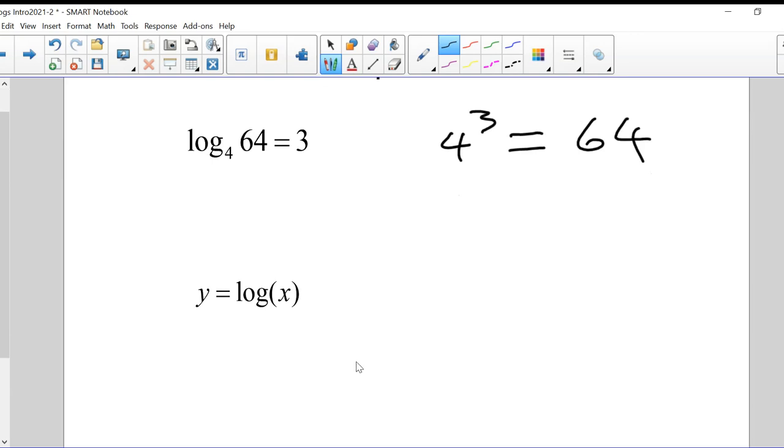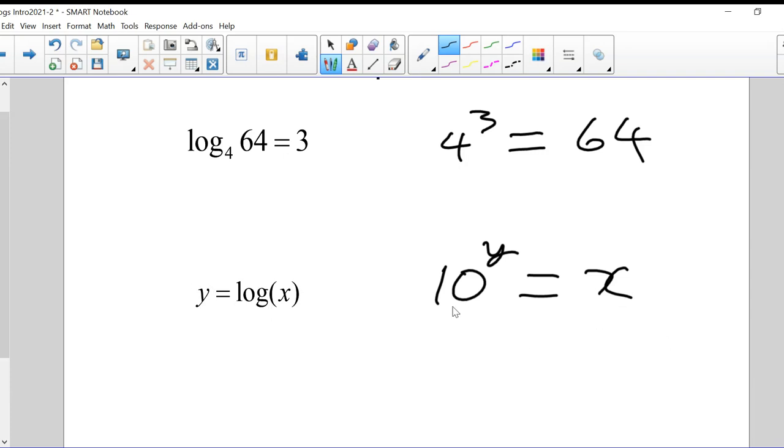Now this one just says y is equal to log x. Now remember, I don't have an explicitly stated base for the log. So I'm going to automatically assume that that base is 10. Since y is equal to the base 10 log of x, that means that 10 to the power of y is equal to x, right? 10, which is a base that's implied but not stated here, raised to the exponent, because the log is an exponent, y, is equal to x.